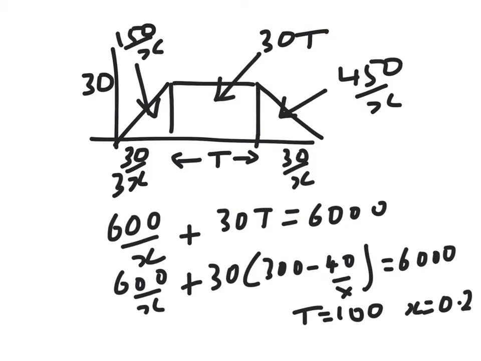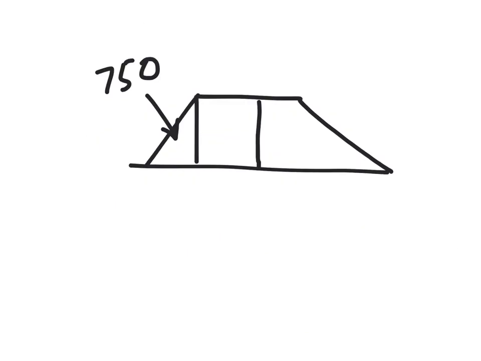And the time from leaving A to reach the point halfway between the stations. Oh, hang on. I think we need another slide for that. So that area there is 150 over x, so 150 over a fifth is 750. So as the whole distance is going to be 3,000, then that area there has to be 2,250.